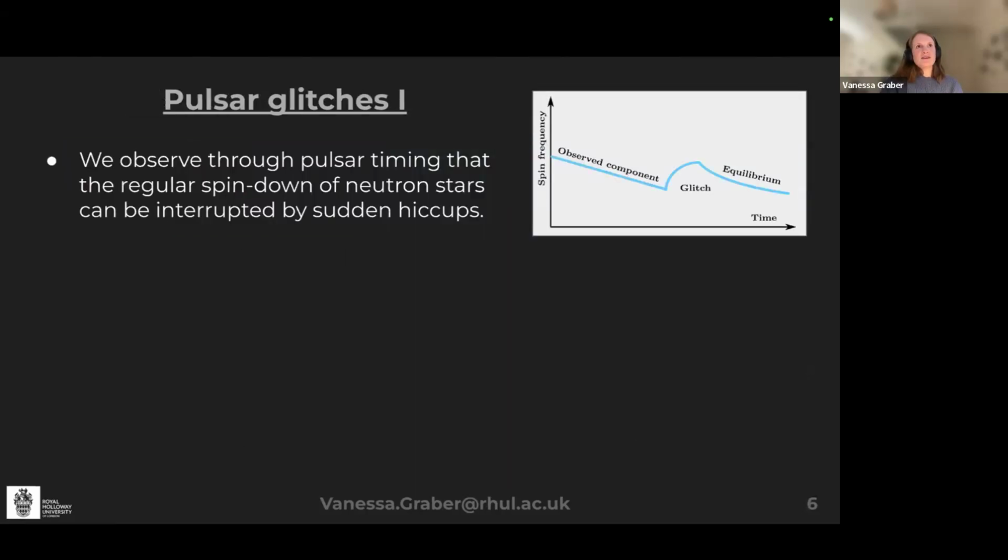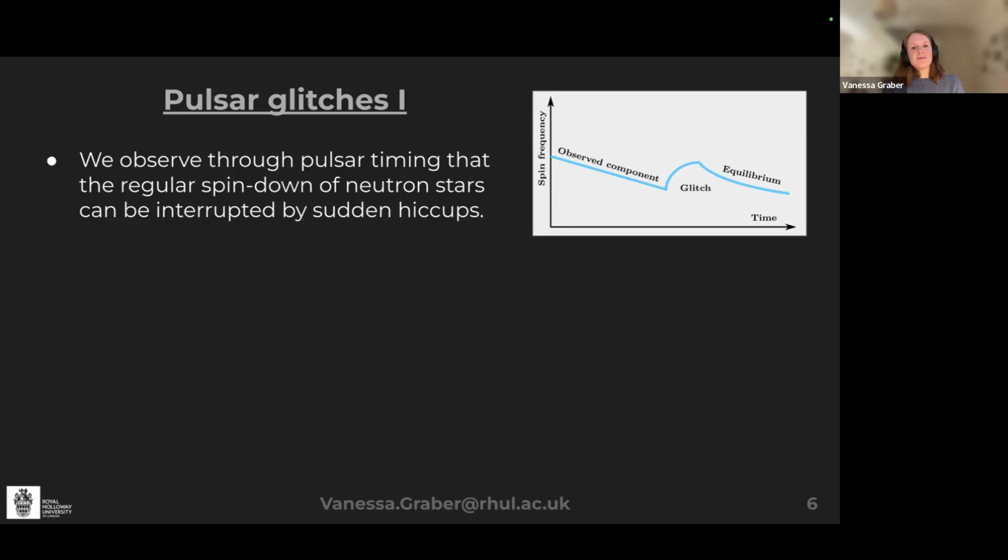Now, if we use this method to time radio pulsars, it turns out that the regular spin down of neutron stars, which is just a direct result of the fact that it's essentially a large magnetic dipole that radiates and loses energy, will slow down as a function of time, just a tiny bit if we observe this in real time, but it is possible to observe this with very accurate radio telescopes.